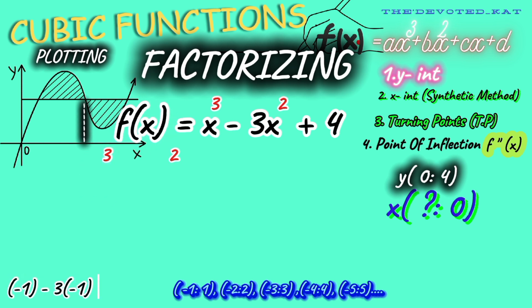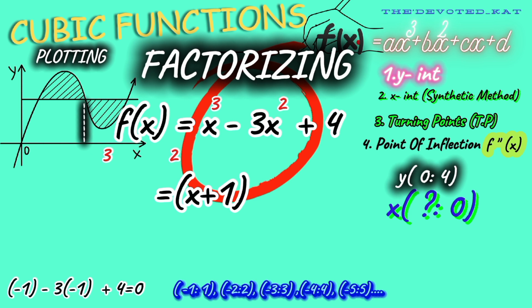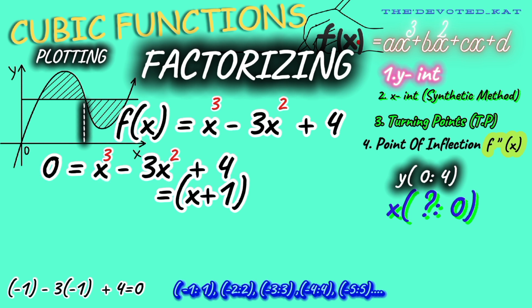From here we find that our factor is x plus 1. When finding a factor, you substitute your value into the equation and make sure the answer is 0, because we have equated this to 0. Since we find that when we put -1 we get 0, our x plus 1 is our factor.